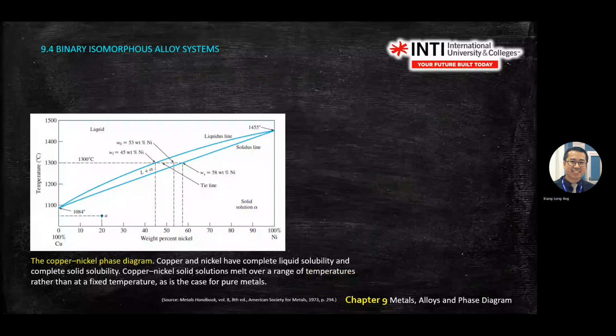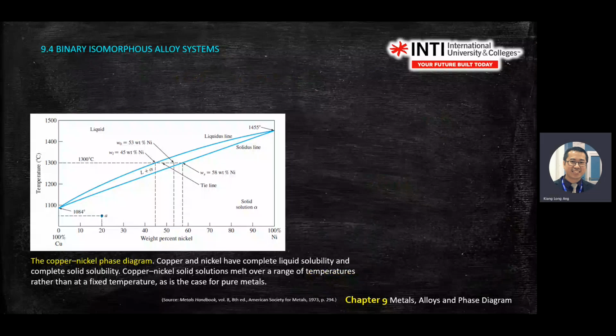Liquid, solid. You see the L here, L plus alpha. What does it mean? L means liquid. This line is called the liquidus line, the liquid line.